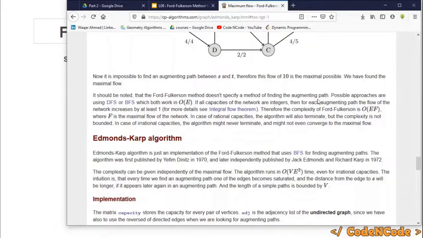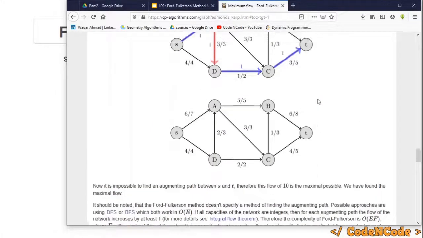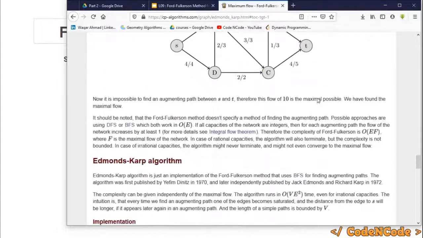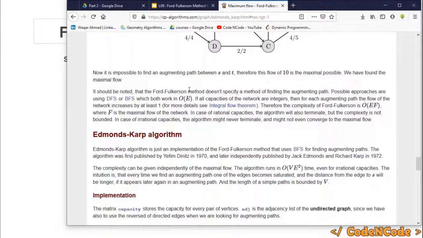Now the second problem with the Ford-Fulkerson algorithm is that it does not specify in any manner how to find the augmenting path. It only tells you to keep on finding the augmenting path as long as you can, but it does not specify any method to find it, while the Edmonds-Karp algorithm uses either BFS or DFS, depending upon you.